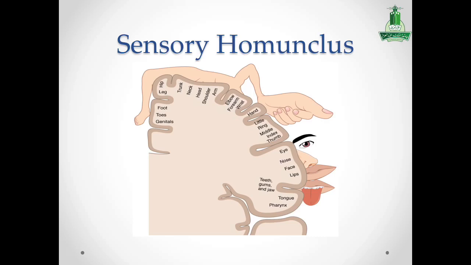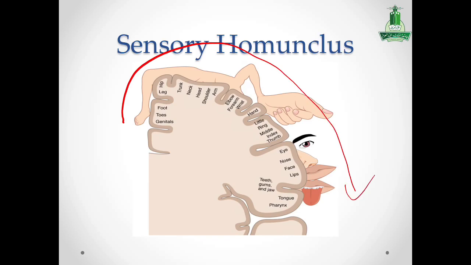As we showed you earlier, the thalamus would have the third order neuron generating and going all the way up to the somatosensory cortex. You can see in this sensory homunculus, which is the body's representation in the somatosensory cortex, that the body goes from medial to lateral this way.